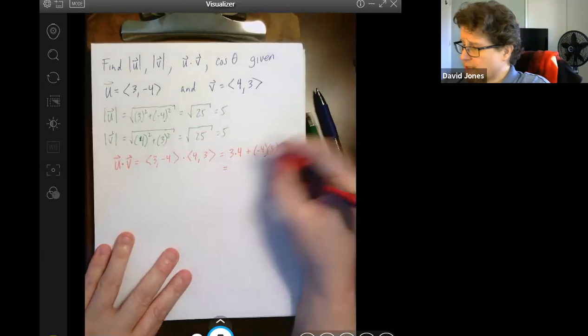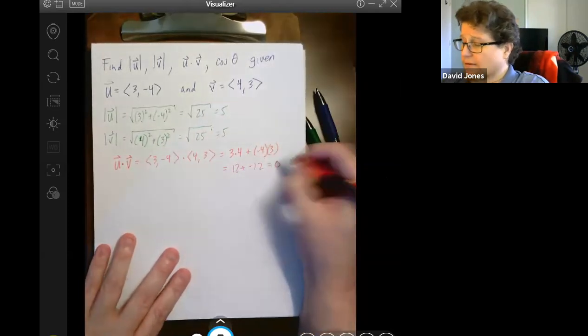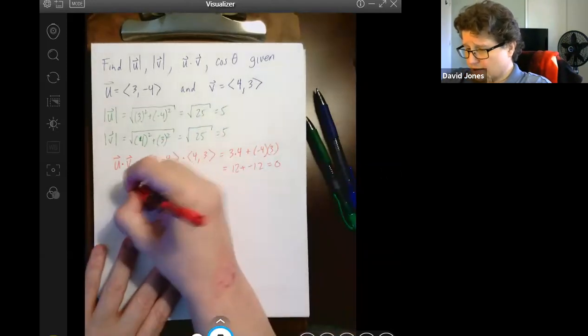This is 12 plus negative 12, which is 0. So u dot v equals 0.